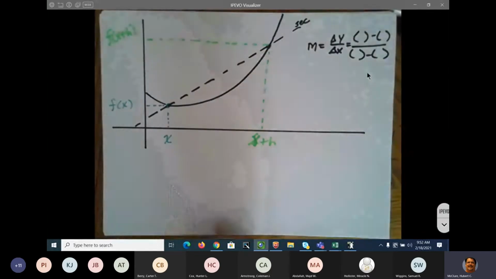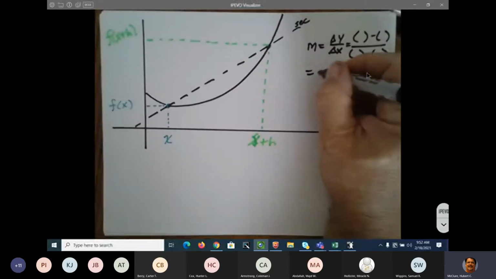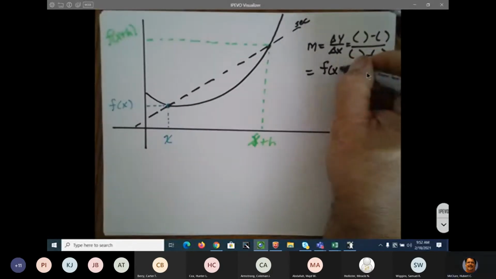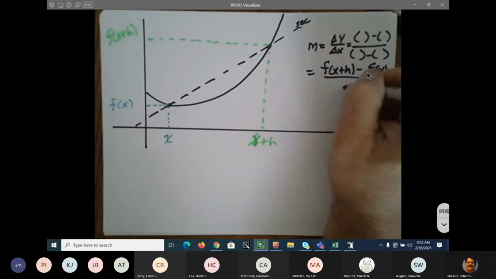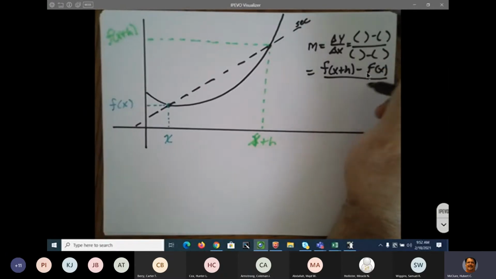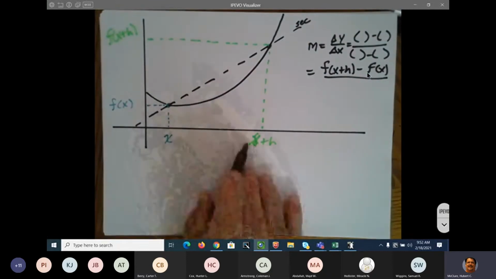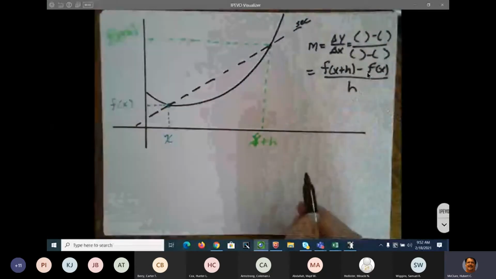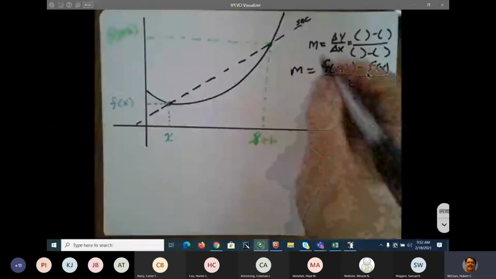And we did that. You get f of x plus h minus f of x over x plus h minus x, which takes the x's out, so you're left with h. And that's where you get the slope of the secant line.